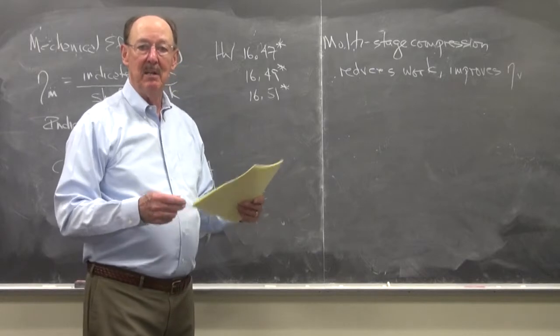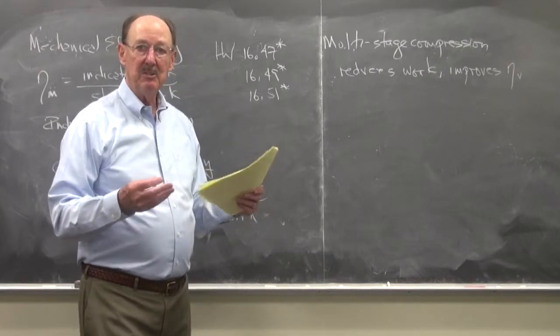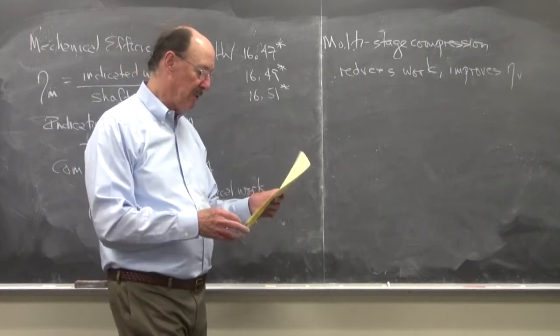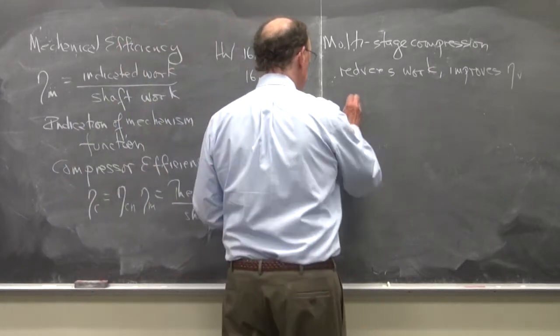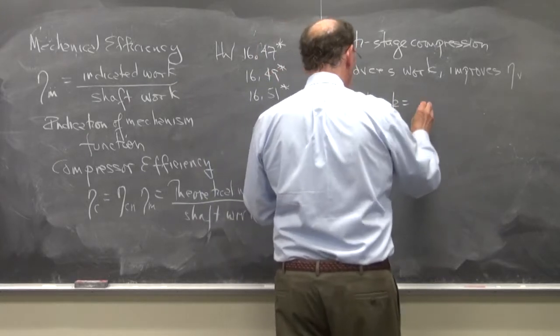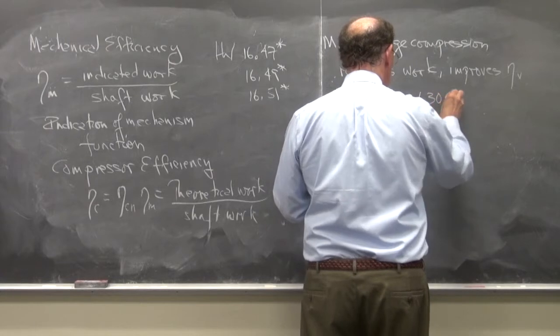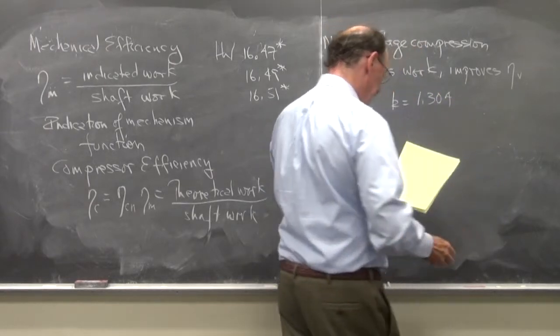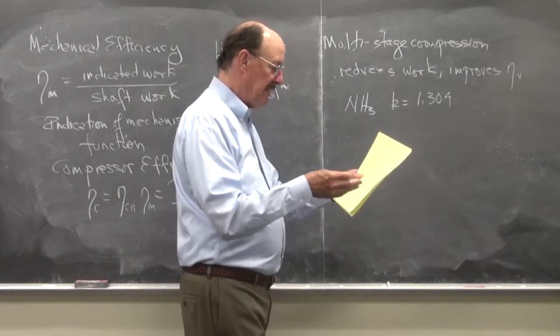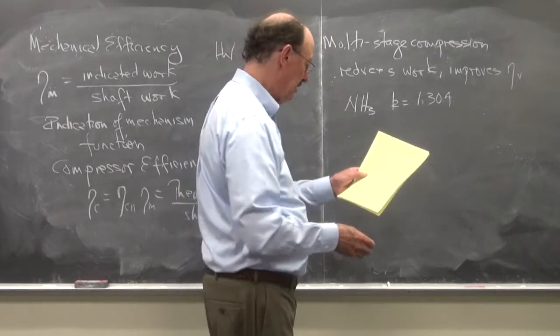It obviously is toxic, so you don't want to breathe it, but it's a very effective refrigerant that's used currently. So for ammonia, for NH3, K is equal to 1.304, and I'll do some calculations here and look at the multi-stage effect.